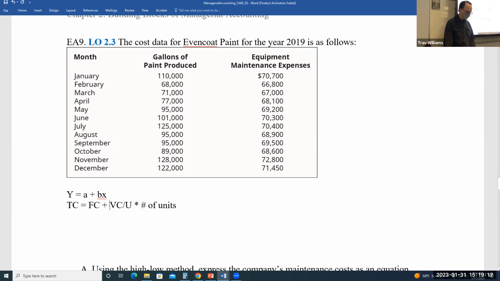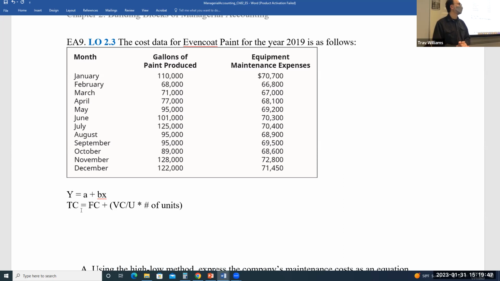Okay. So the short way to write it is Y equals A plus BX. But if it's easier, total cost equals fixed costs plus variable costs. And variable costs can be broken down to your variable cost per unit times the number of units. So that is our basic formula that we need in order to figure this out.